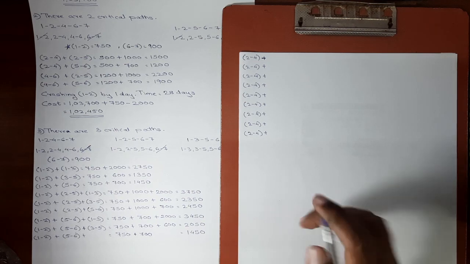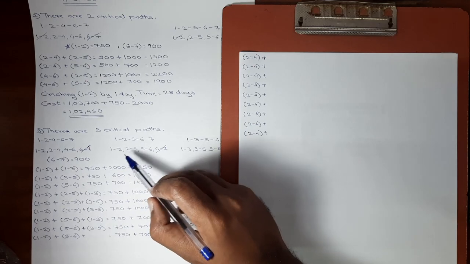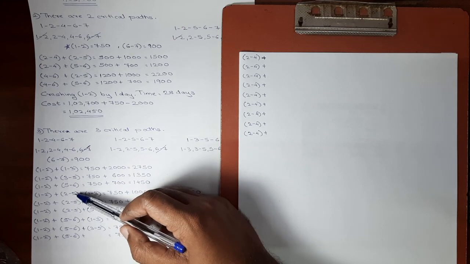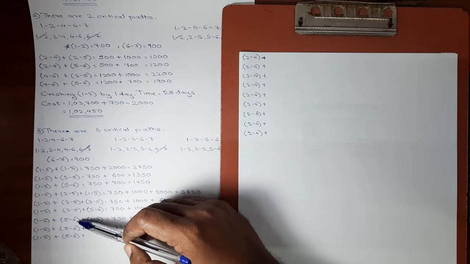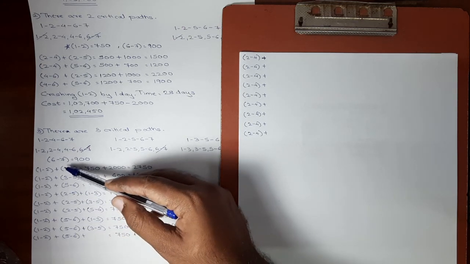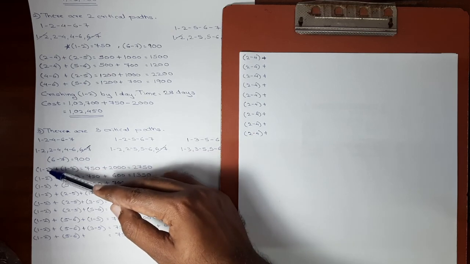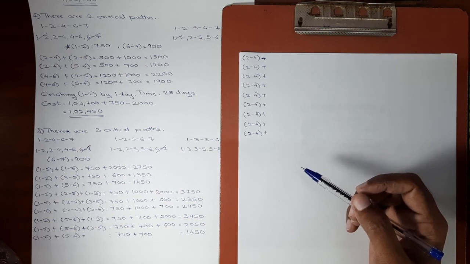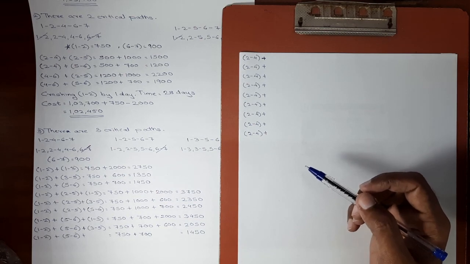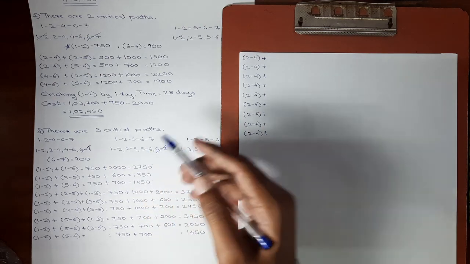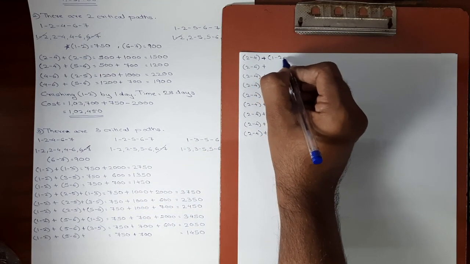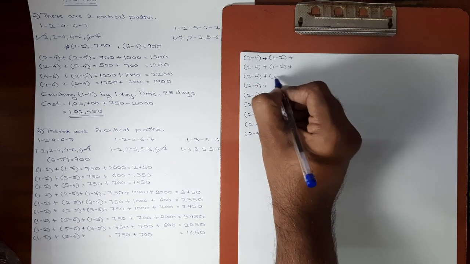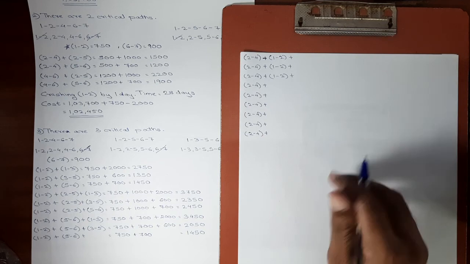Now these activities 1 2, 2 5 and 5 6 will be repeating in sets of 3. See over here, 2 5 was thrice and 5 6 was thrice. Here 1 2 should have been thrice, but it was repeated again, so 1 2 was not taken. So we'll just mention each activity in sets of 3. The first will be 1 2, written thrice: 1 2 plus 1 2 plus 1 2 plus.